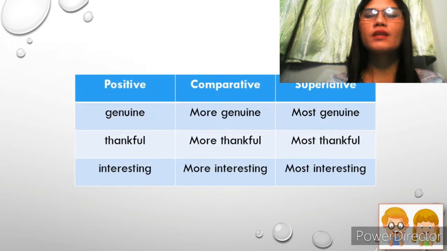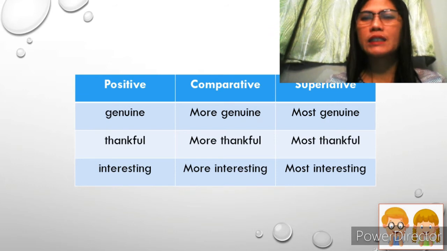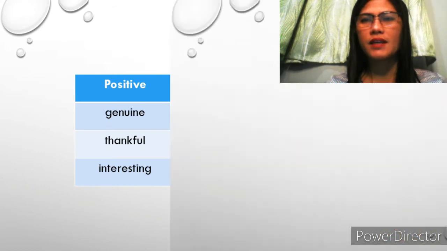Example, you have the positive form, genuine. Comparative, more genuine. Superlative, most genuine. Thankful, you have more thankful and most thankful in the superlative. Interesting, more interesting and most interesting.